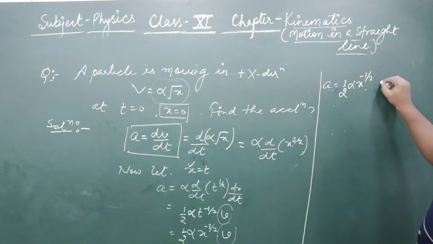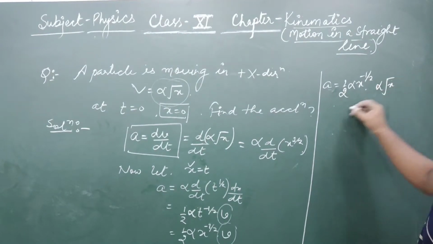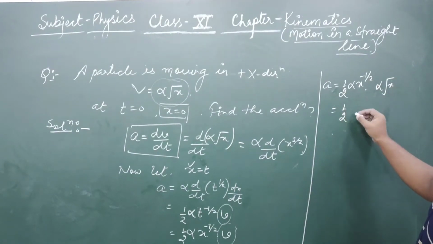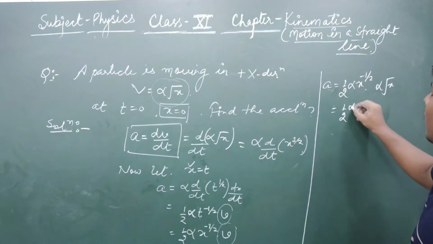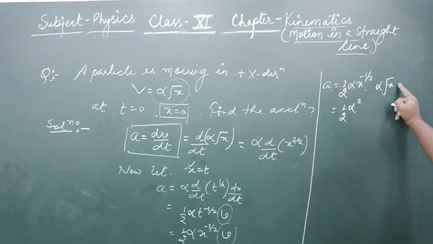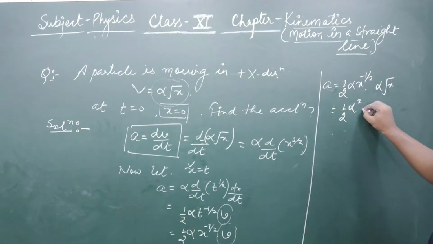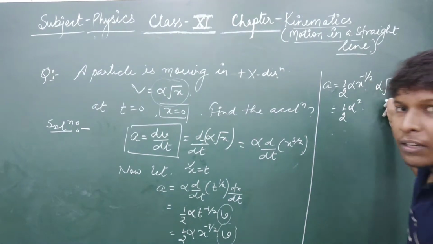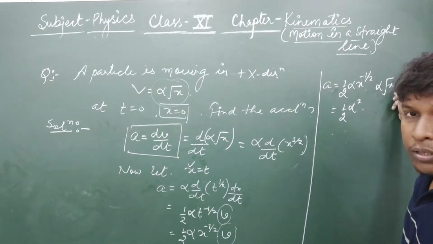So put the value alpha root x. Simply it will be 1 by 2 alpha into alpha, alpha square. Now the power will be negative half for one term and positive half for the other, so x raised to the power minus half and x raised to the power positive half.